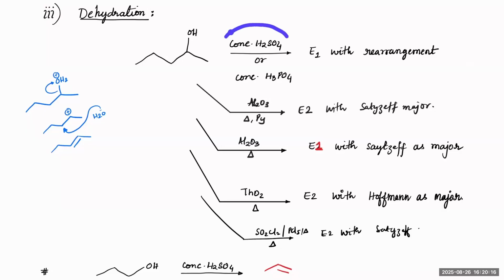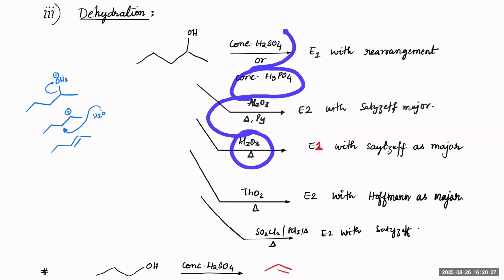See, if at all I take a concentrated H2SO4 or a concentrated H3PO4 or only Al2O3, these three specifically are for E1 type of reactions. E1 means you expect them to form carbocations and then carbocations will undergo rearrangement. After that, you'll get a double bond form.